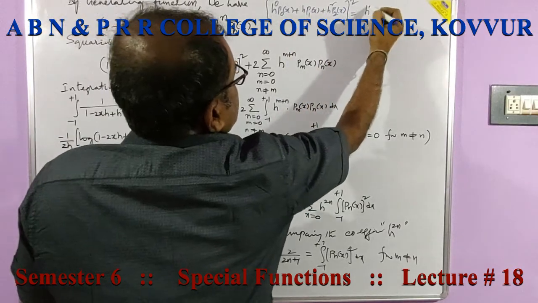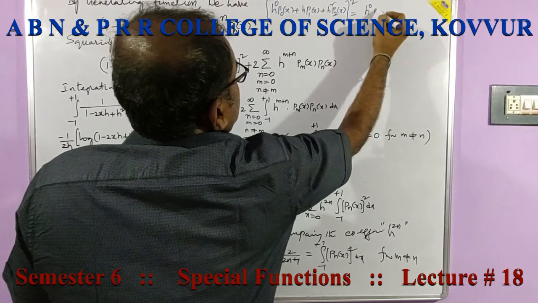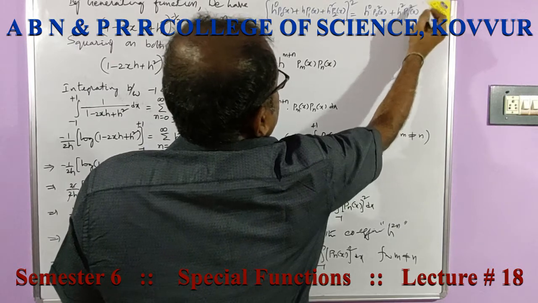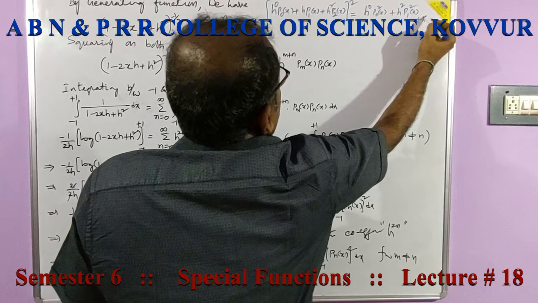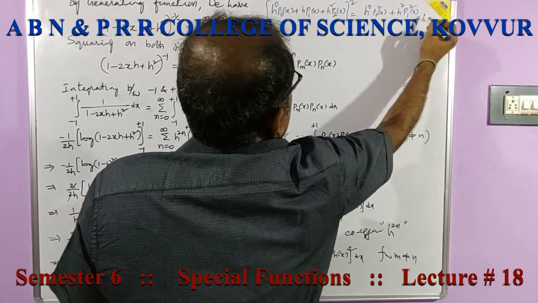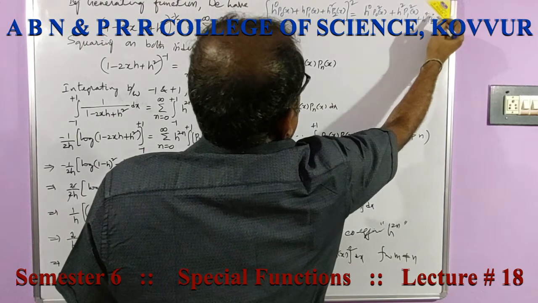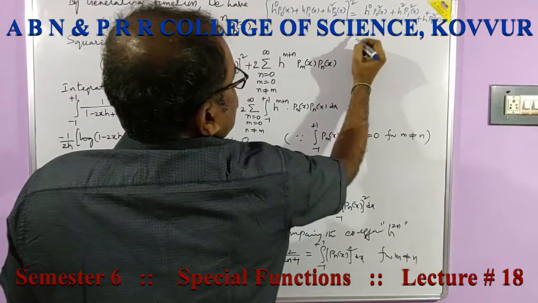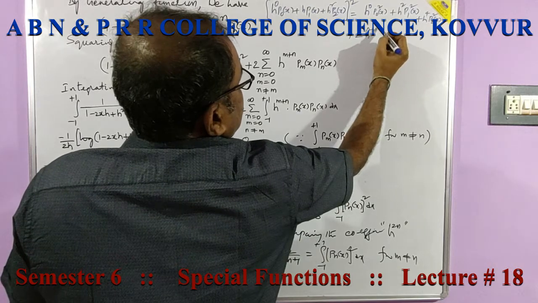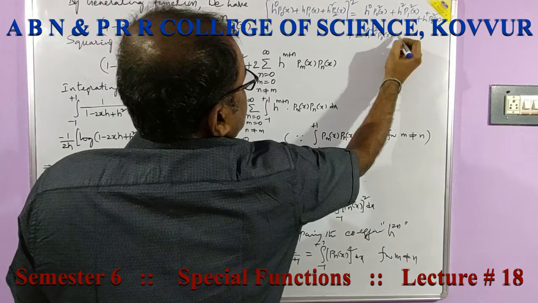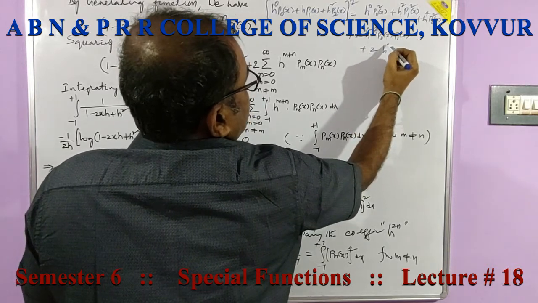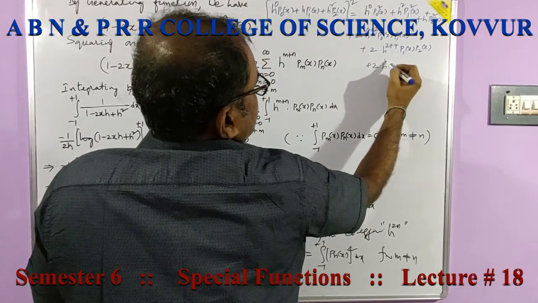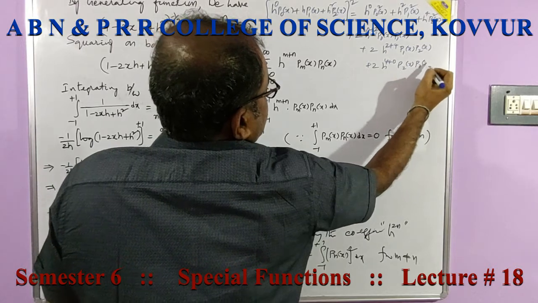What you get is h power 0 P0(x) square plus h square P1(x) square plus h power 4 P2(x) whole square, a square plus b square plus c square, plus 2 h power 0 plus 2 P0(x) into P1(x), 2ab, plus 2 h power 2 plus 4 P1(x) into P2(x), plus 2 into h power 4 P2(x) into P0(x).